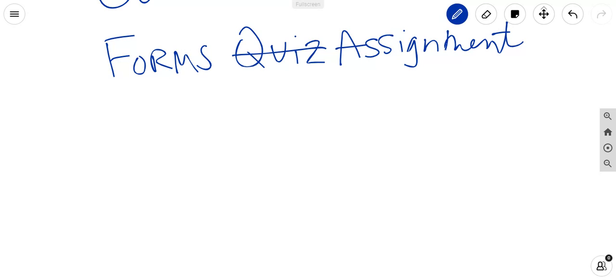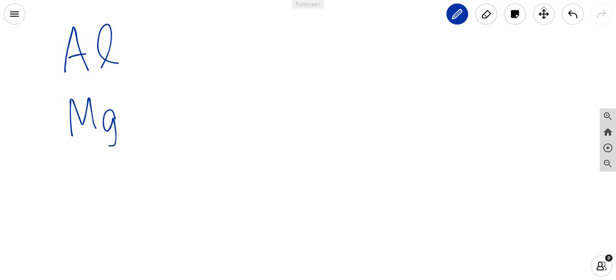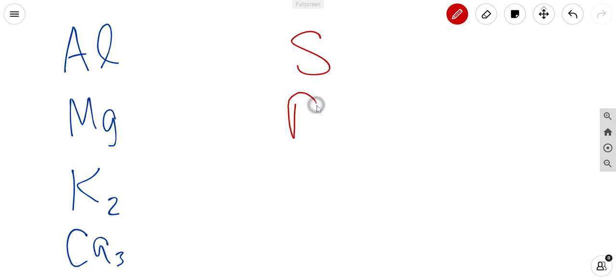So let's say I have Al, Mg, K2, and maybe a Ca3. And on this side, let's say I have S, maybe a P2, an O, and an N. Okay, so you're going to have to check all that apply. Can these match together to make a compound?